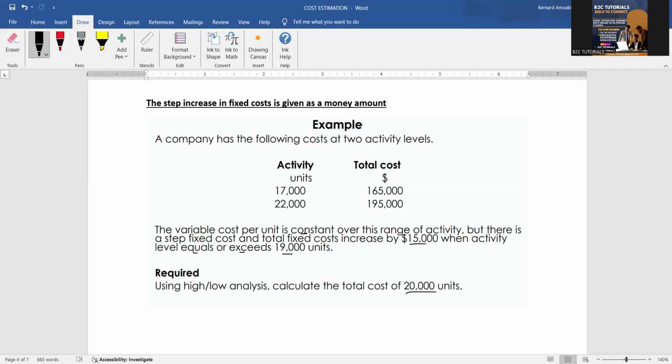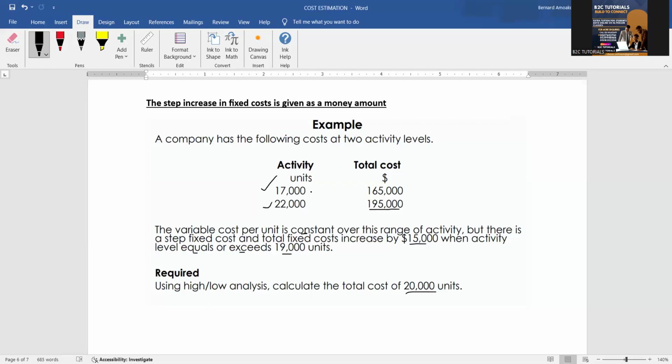So what are they trying to say? Look at these two activities. One is 17,000, the other is 22,000. They are telling you that anytime your activity level exceeds or equals 19,000, it has 15,000 of fixed cost in your total cost. So under this, the 22,000 total cost has already captured the 15,000.